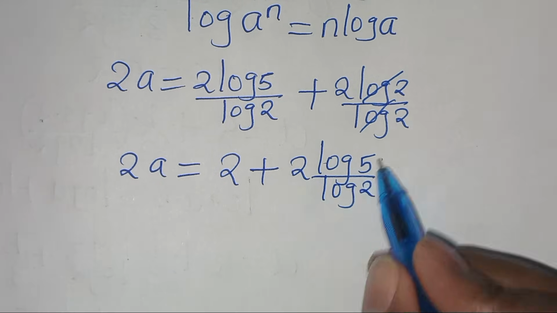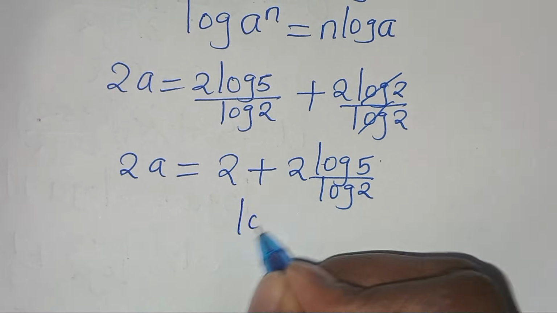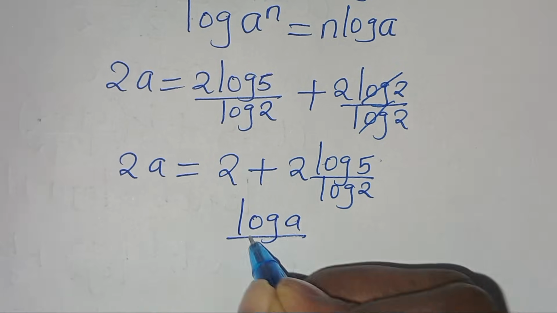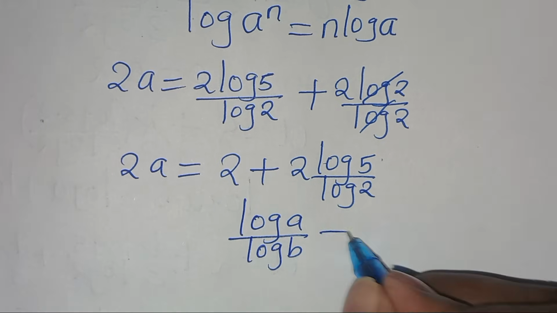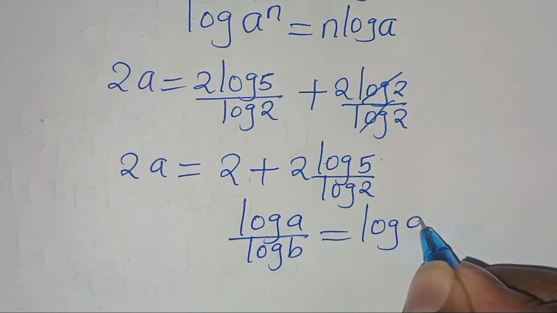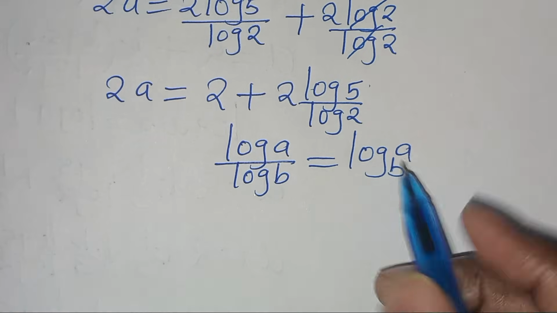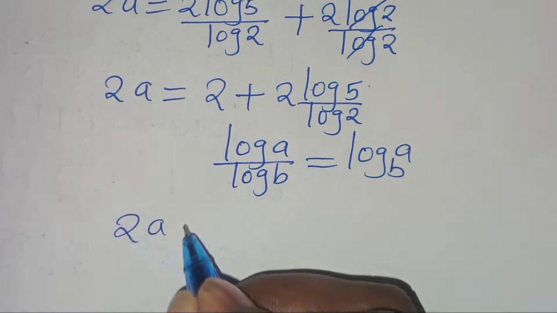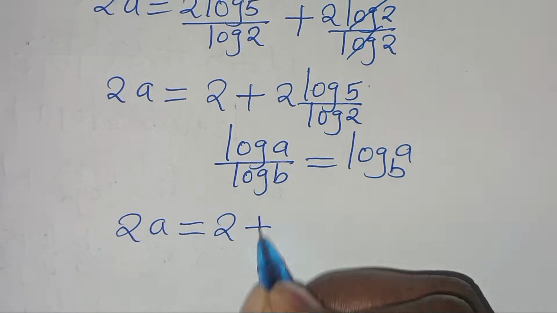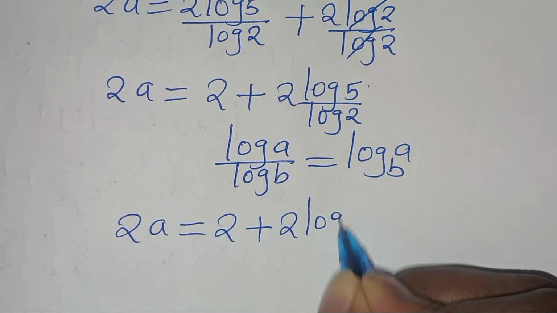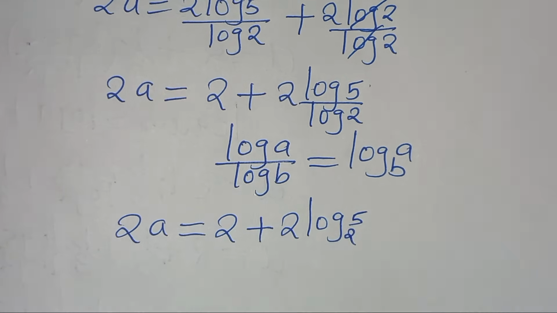We find that log 5 divided by log 2 is in the form of log a over log b, which we can express as log a to base b. Applying this logarithm property, we have 2a is equal to 2 plus 2 log 5 to base 2.